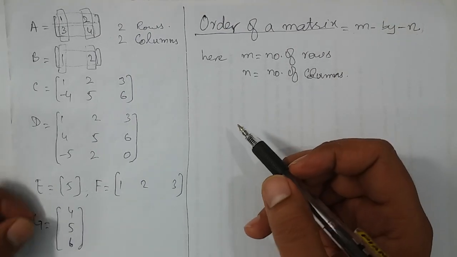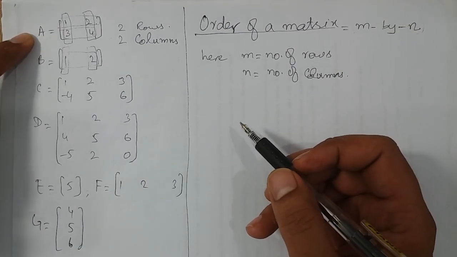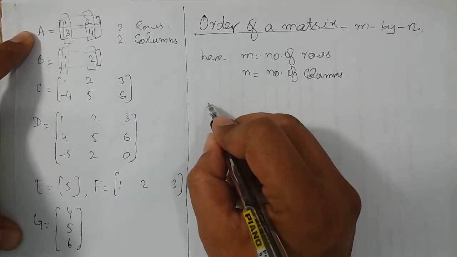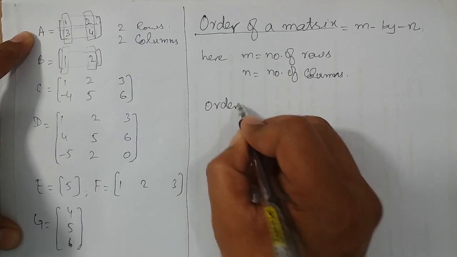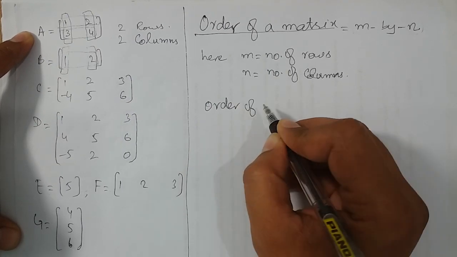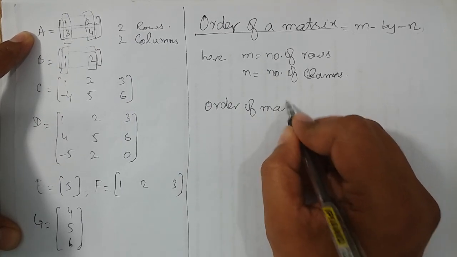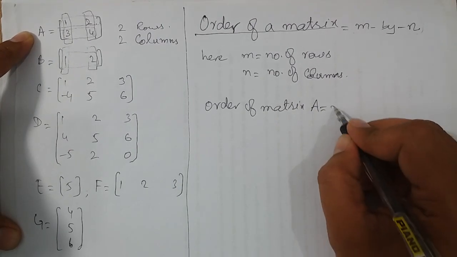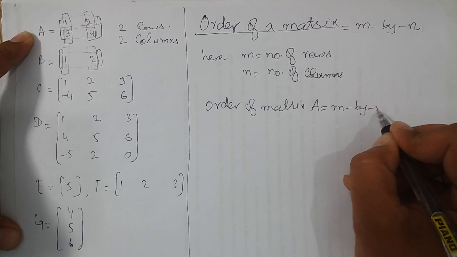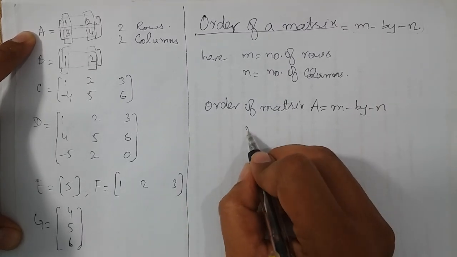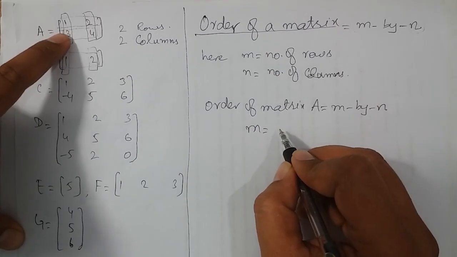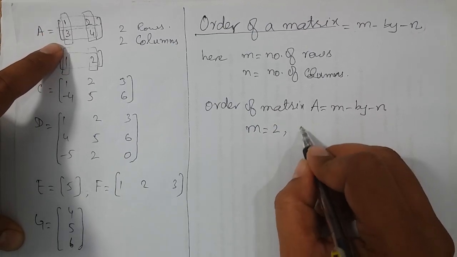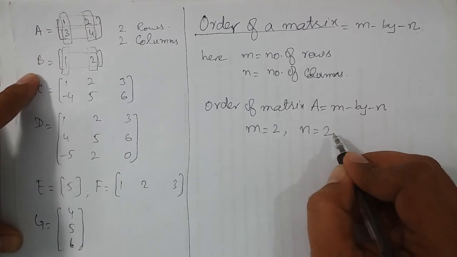For example, if I ask you what is the order of this matrix A, what will you write? Order of matrix A. By the formula, it is M by N, and here M is equal to the number of rows, which are 2, and N is the number of columns, which are 2.